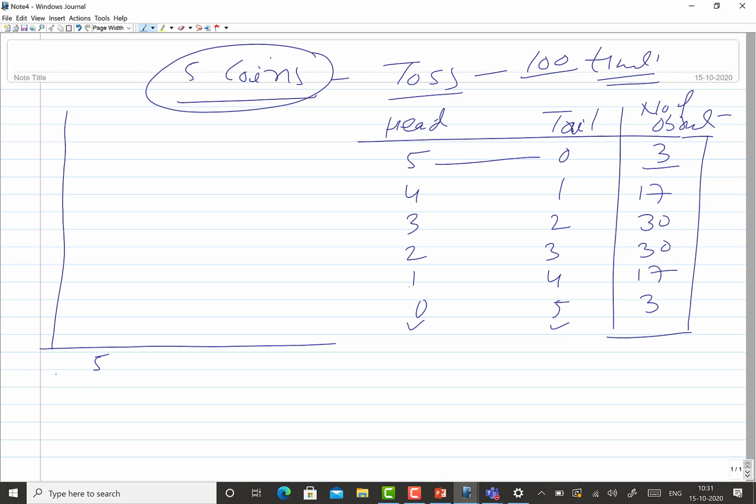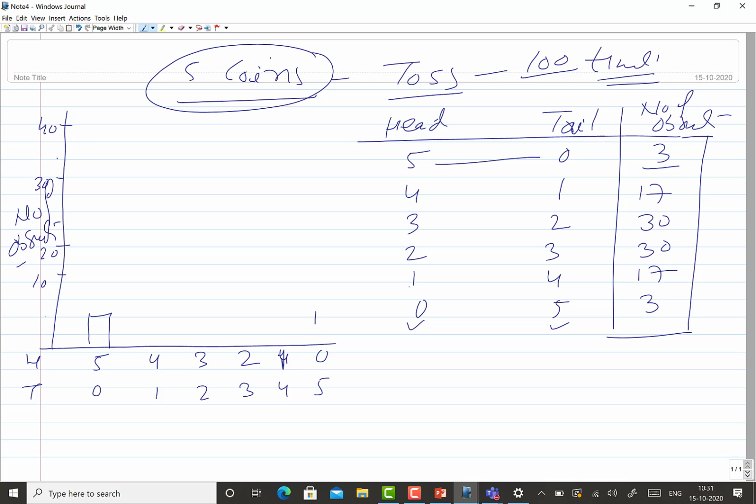So we plot heads and tails from 5 and 0, 4 and 1, 3 and 2, 2 and 3, 1 and 4, 0 and 5, against the number of observations, with the axis going up to 40, then 30, 20, and 10.